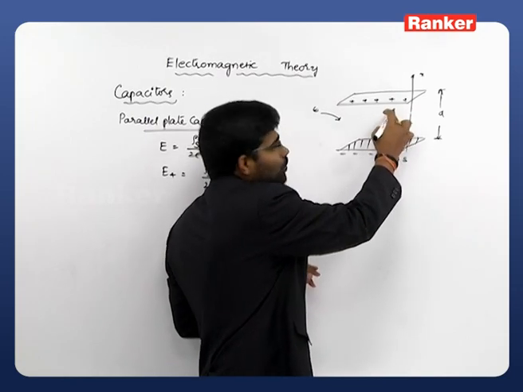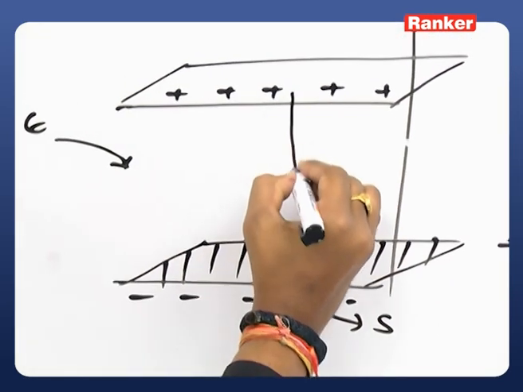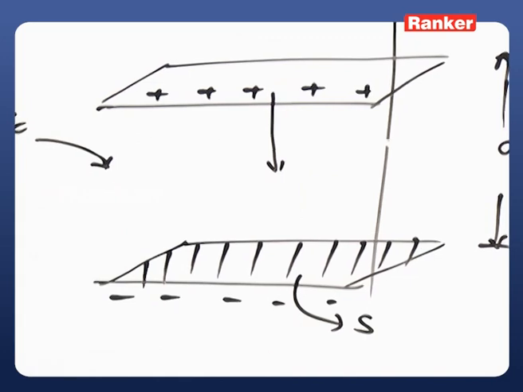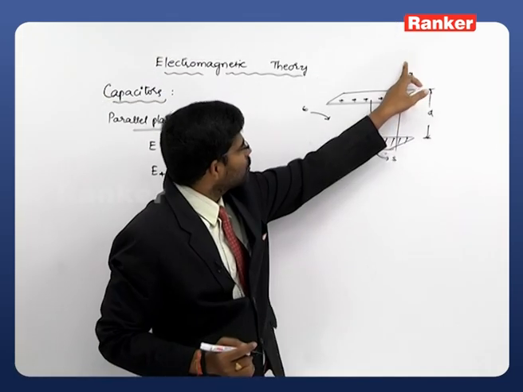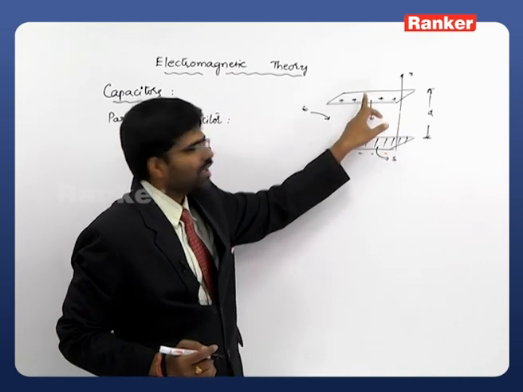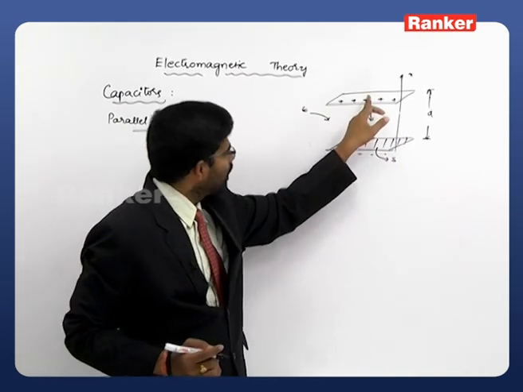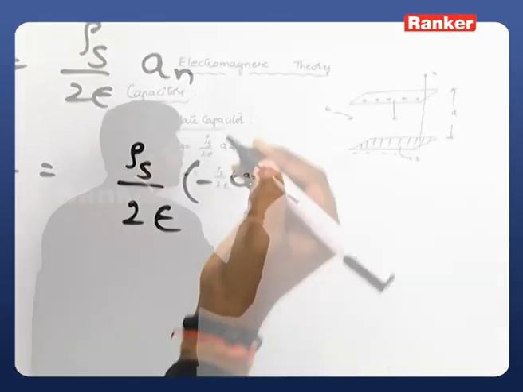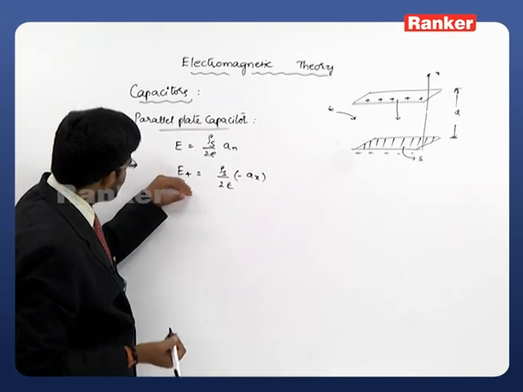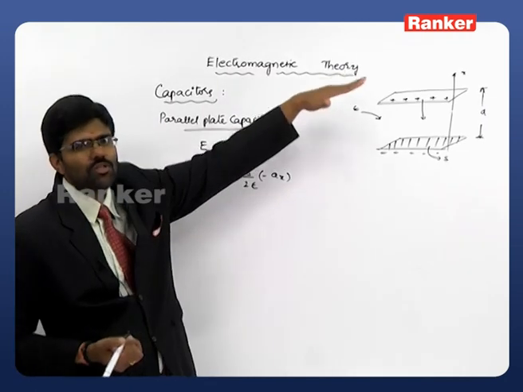Between these two plates. In this region it is clearly the negative x direction. Observe, this is the positive x direction, and the direction of the electric field intensity because of this sheet is the negative x direction. That's why I am writing minus ax. So this is the electric field intensity because of the positive sheet.